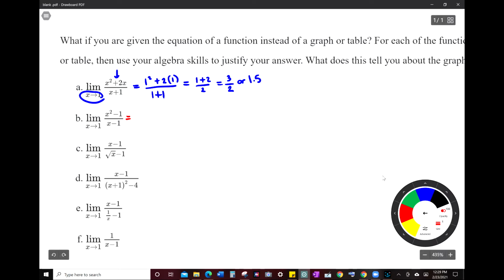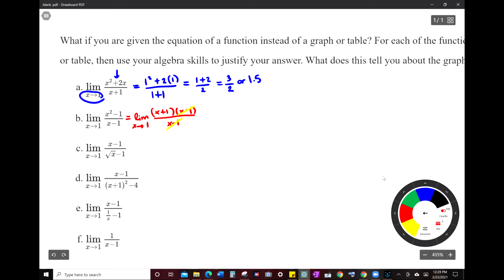So next, we have the limit as x approaches 1, and then we factor x squared minus 1. We should know the difference of squares, which is x plus 1 times x minus 1, and everything over x minus 1. And that allows us to simplify this part.